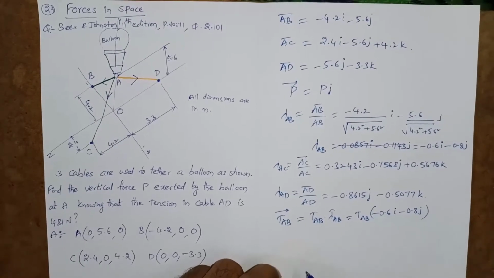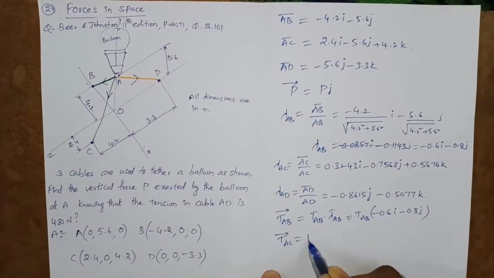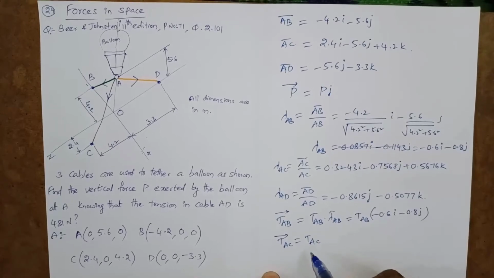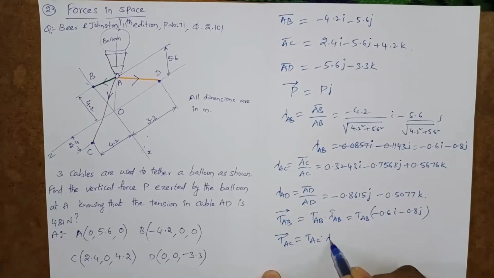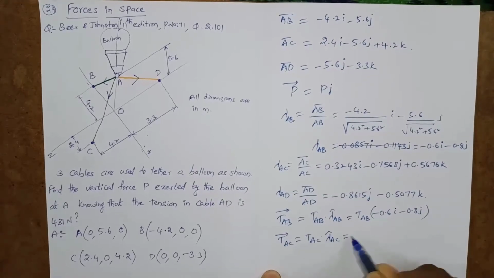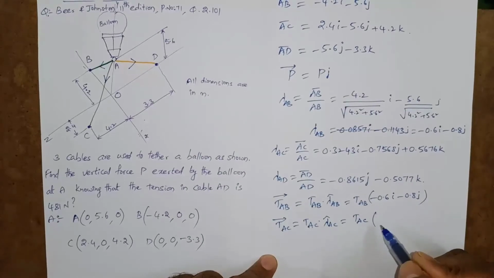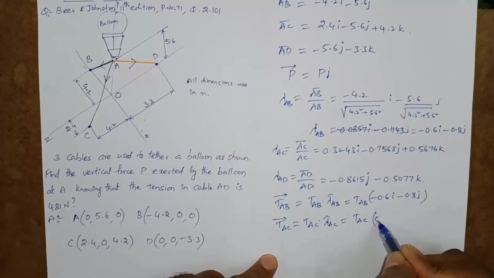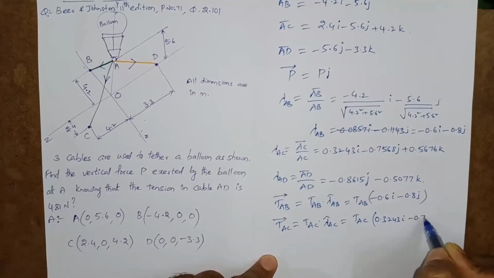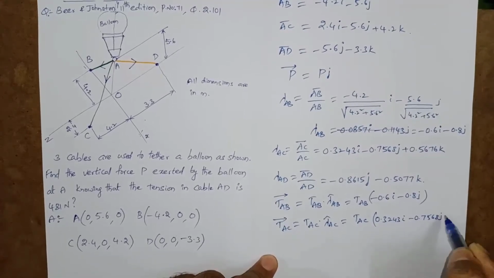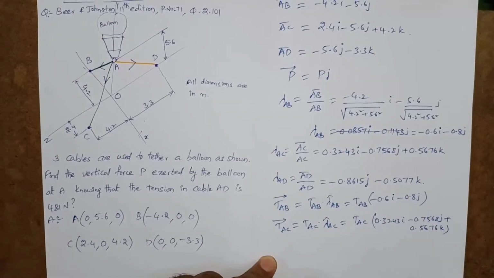Similarly, TAC bar has magnitude TAC and the unit vector along A to C, lambda AC, so it becomes TAC times 0.3243 I cap minus 0.7568 j cap plus 0.5676 k cap.